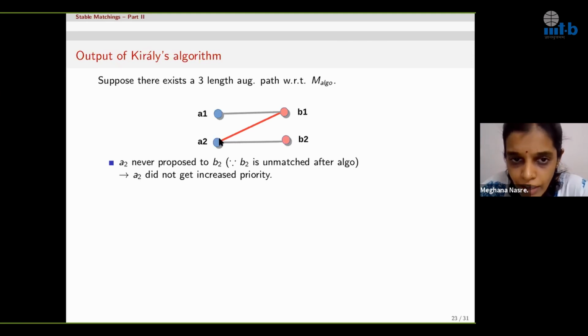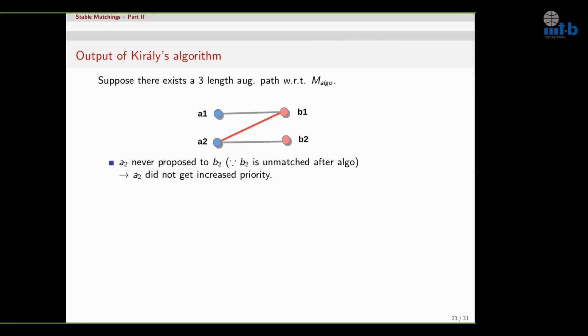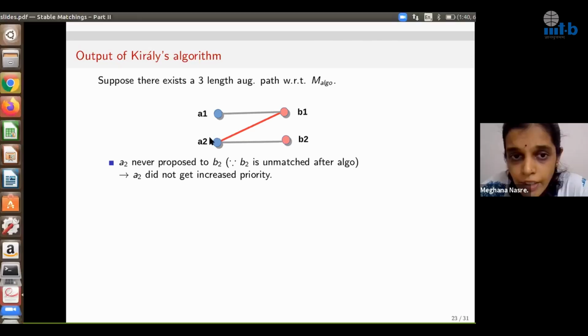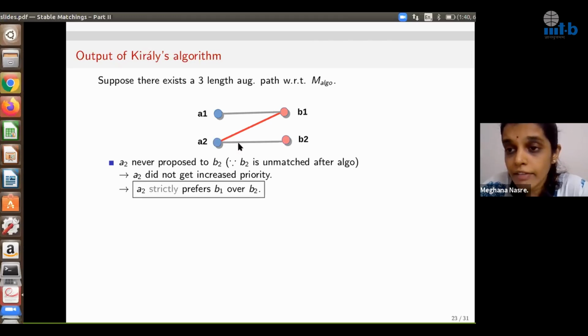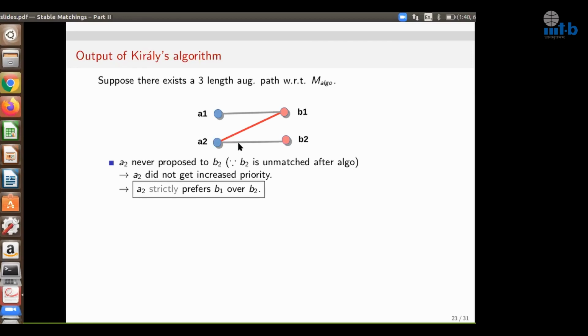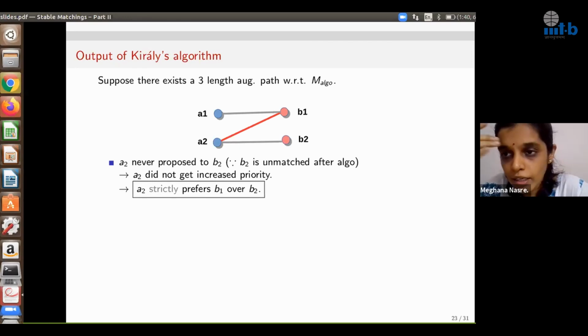But we have already agreed that A2 has never proposed to B2, because B2 never received a proposal. So A2 has never even finished its preference list in the first round of Gale and Shapley. Therefore A2 cannot get increased priority, and therefore A2 strictly prefers B1 over B2. So half the part of our proof is done. That is, we know that A2 strictly prefers B1 over B2.